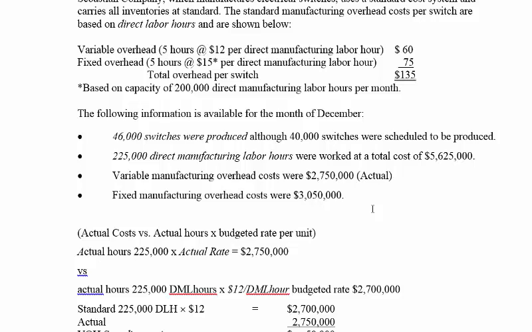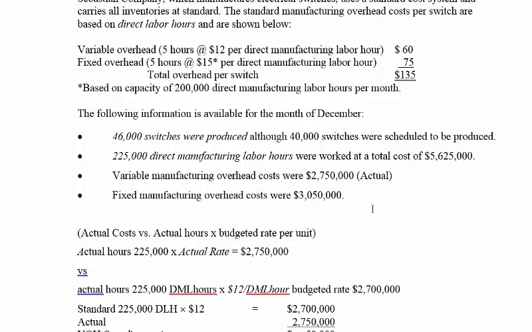Alright, the following information is available for the month of December, which is the month we're going to be looking at, and we're going to be calculating variances based on the actual results versus budgeted information for this particular month out of an entire year's worth of data.